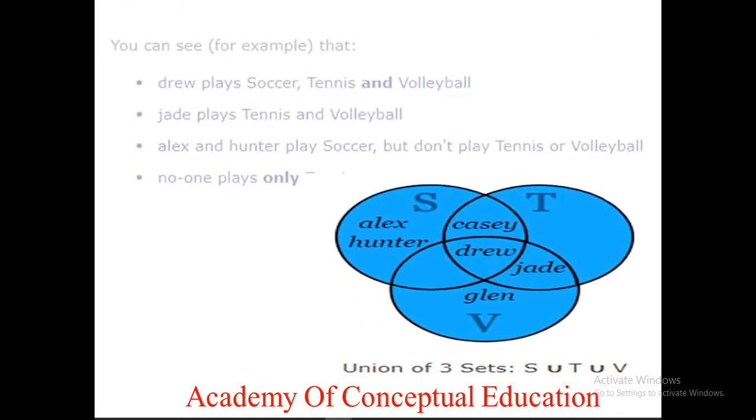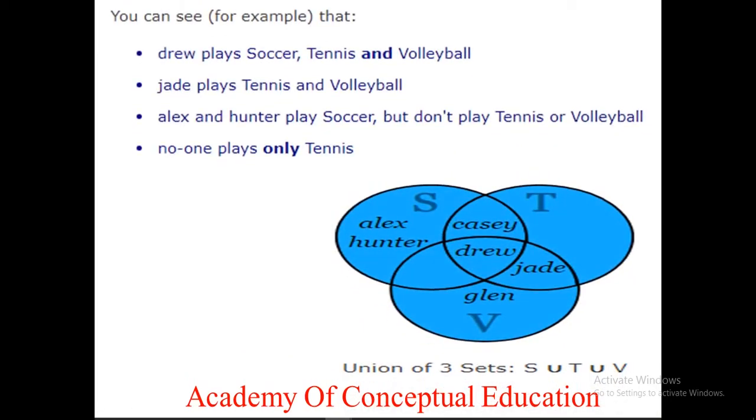Now you can see that this shows the union of S, T and V. Here we can observe a few things: these two are the players who play both soccer, tennis and volleyball. These two are the players, and only this one is the player who plays all three games.